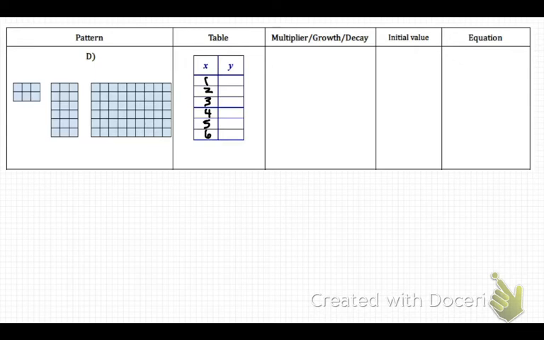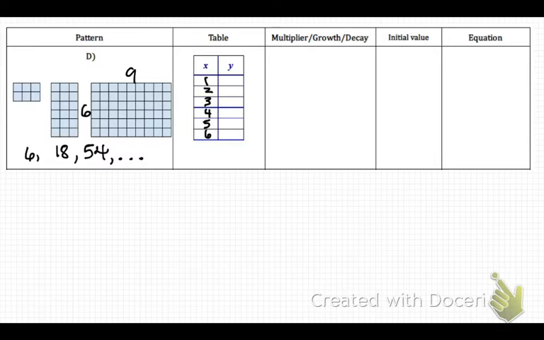Good. How many are in the second figure? 18. Good. And how many are in the third figure? 54. If you count them up, or it's a 9 by 6. 9 times 6 is 54. It looks pretty small up there, but that's 54 blocks.